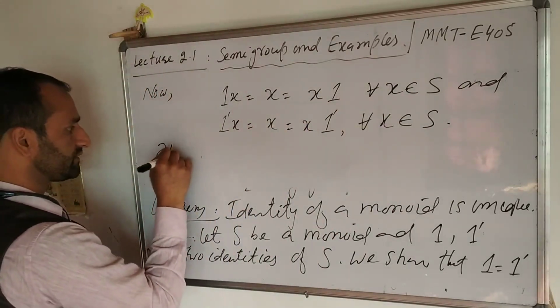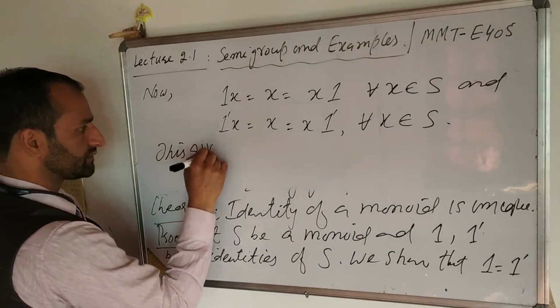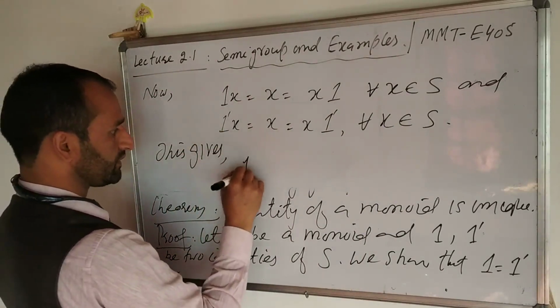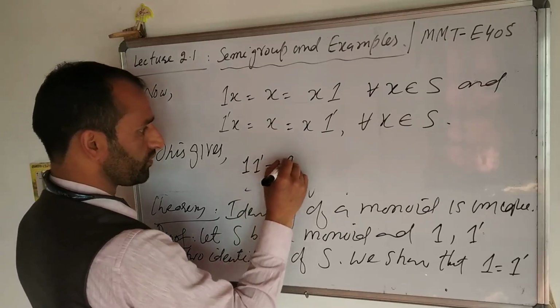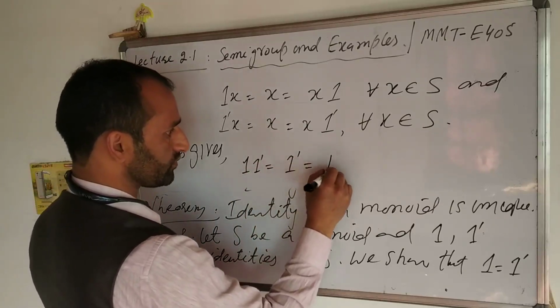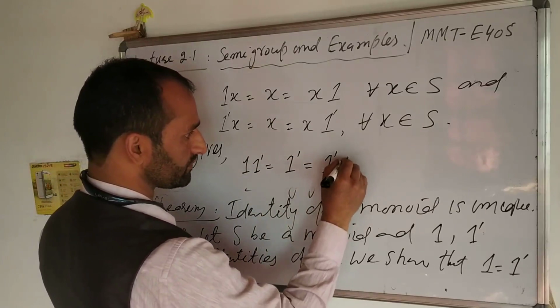This gives 1 into 1 dash is equal to 1 dash, which is equal to 1 dash into 1.